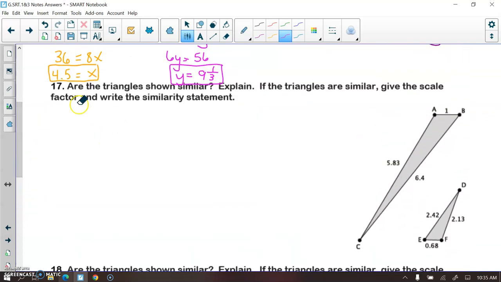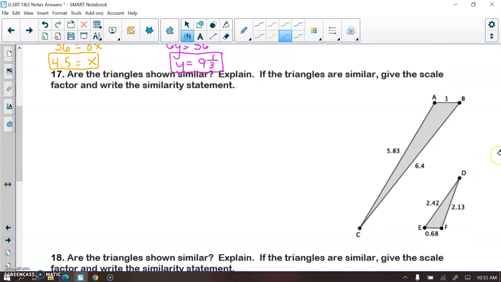For this next one, are the triangles similar? We need to identify if the similarity ratios are equal because we don't have any pairs of corresponding angles congruent. So it looks like AB and EF correspond with one another. So if I do a 1 over 0.68, does that equal the next pair of corresponding side lengths?